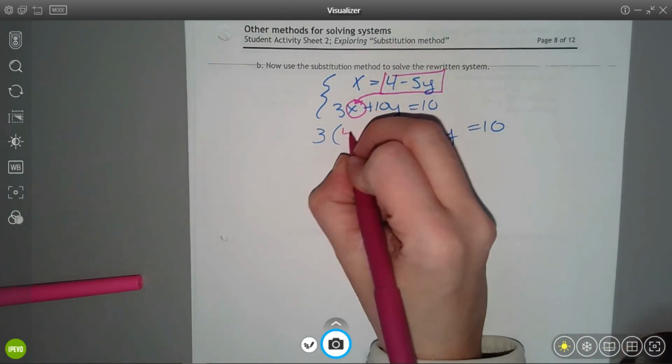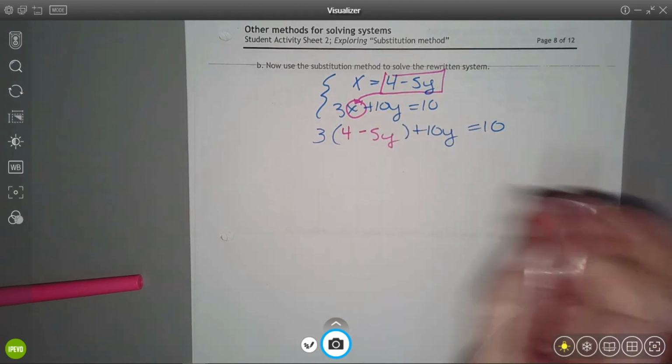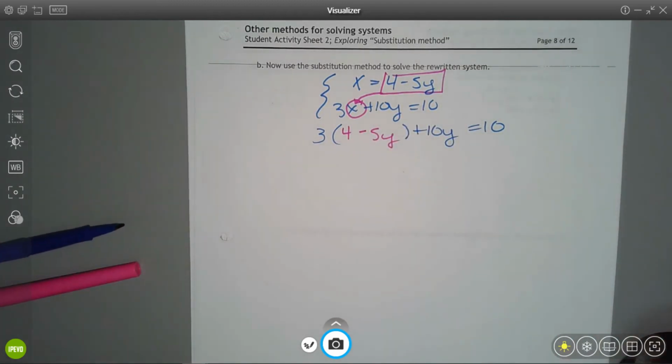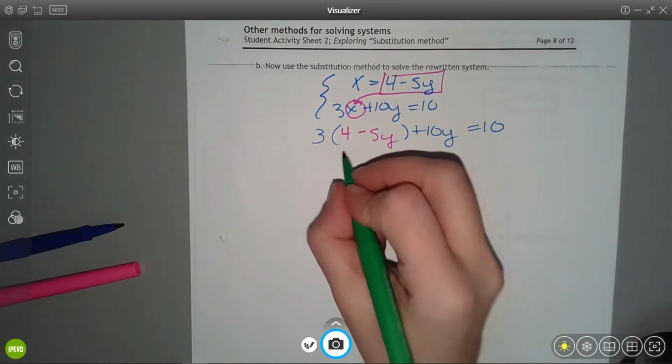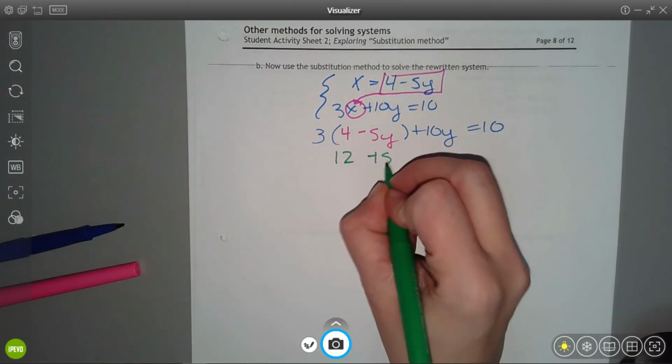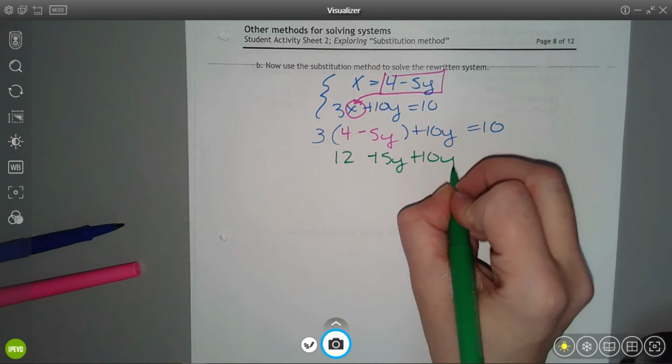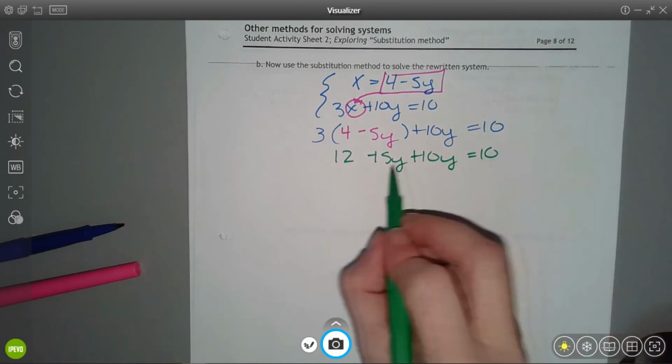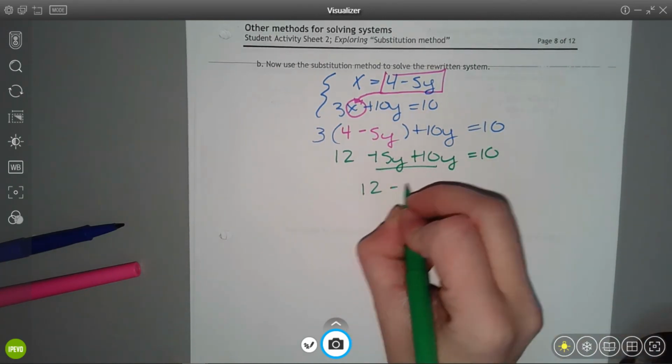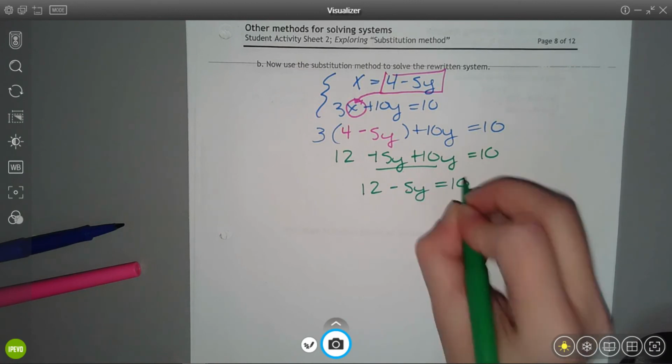We said that x is 4 minus 5y. So let's go ahead and solve this problem out. We're going to say 12 minus 15y plus 10y equals 10. Combine: 12 minus 5y equals 10.